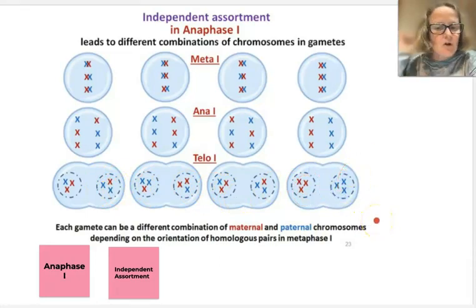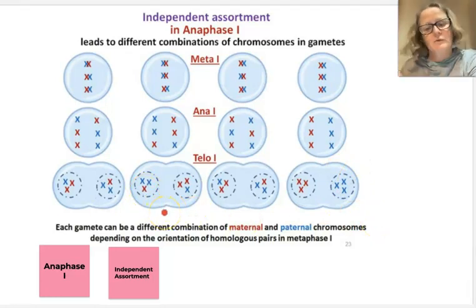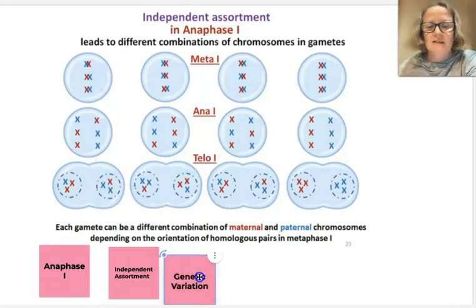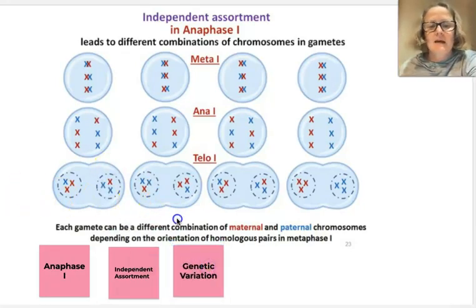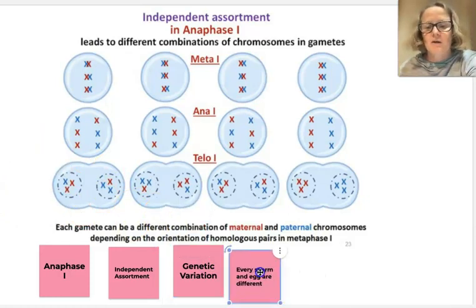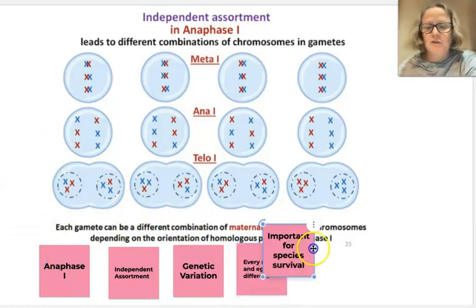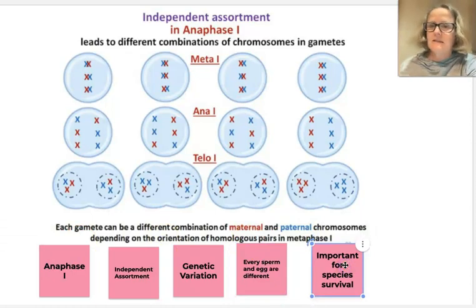So there are lots of different combinations, and depending on which chromosome was on the left and which was on the right, we can end up with massive amounts of genetic variation, meaning that all the eggs and the sperm are different again, which again is important for species survival.